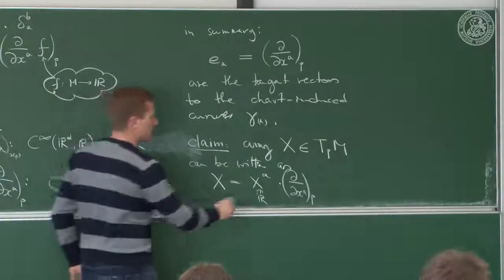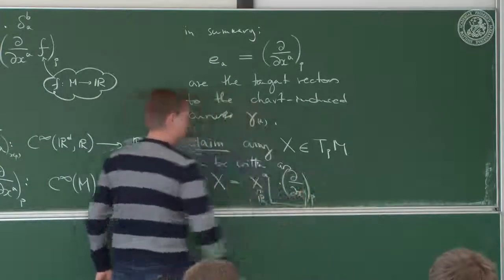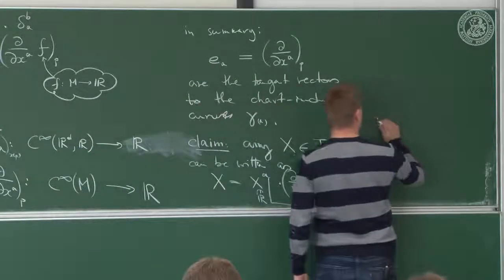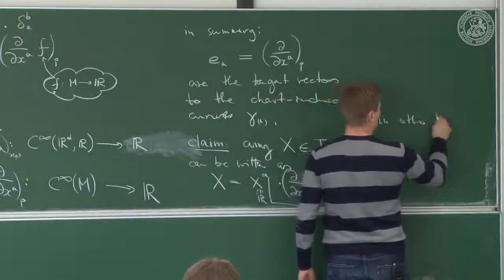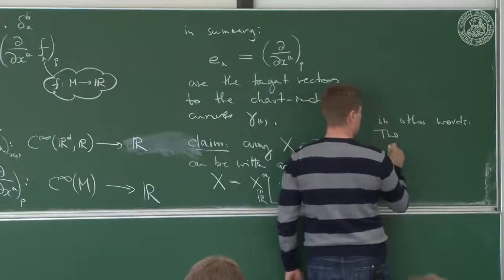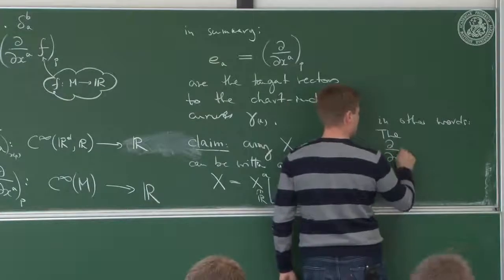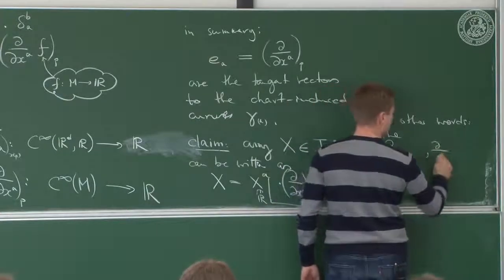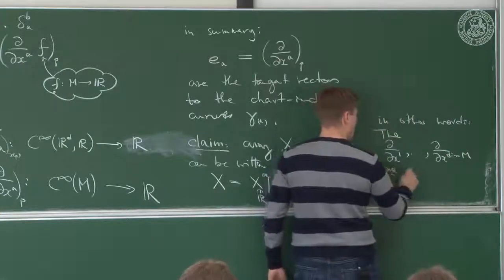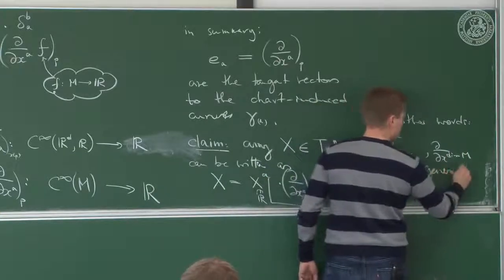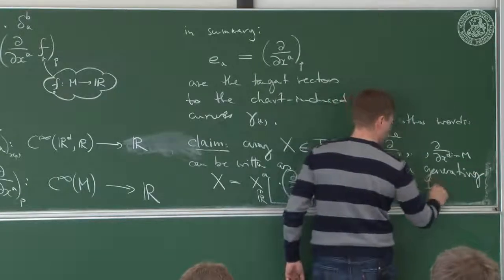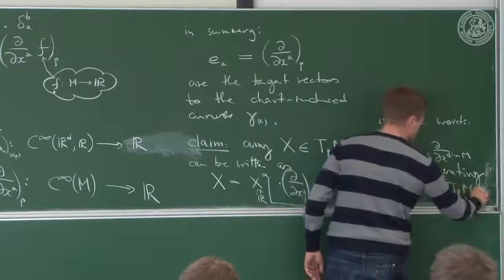And there is a summation convention here, so we sum over these a's. In other words, d by dx^1 to d by dx^{dim M} are a generating system for the tangent space.